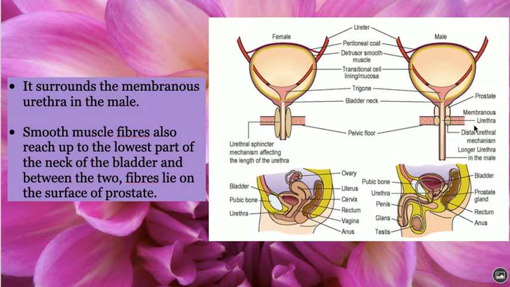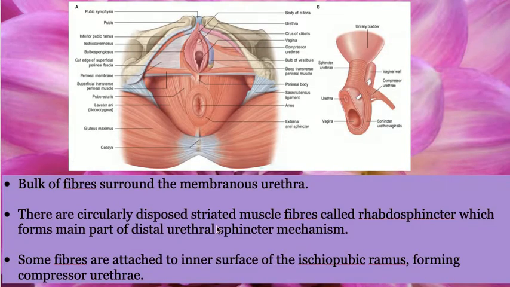Okay, and surrounding the urethra basically in male. This is a male urethra. So the smooth muscle fibers reach up to the lowest part of the neck of the bladder, and between the two, the fibers lie opposite the surface of the prostate. What is the prostate gland? We'll discuss further on. Okay, so the bulk of fibers surround the membranous urethra over here.